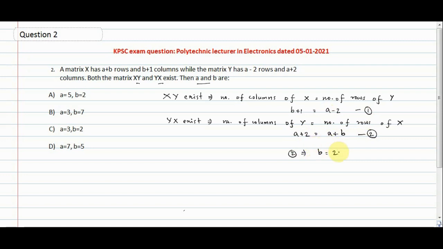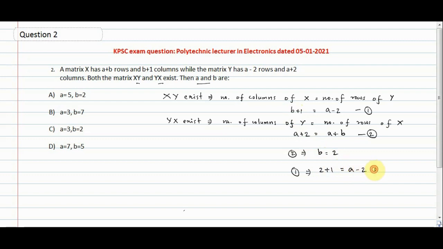So we are getting the value of B straight away from equation number 2. Now we can substitute this value of B in equation number 1. So equation number 1 can be changed like this. Substitute the value of B here. B is equal to 2. So 2 plus 1 will be equal to A minus 2.